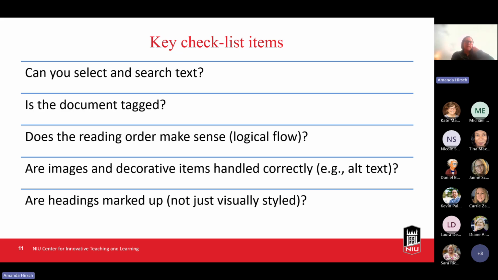So this slide just highlights a few quick checks that you can use to evaluate whether a PDF is likely to be accessible. The first question is, can you select and search text? If you try highlighting the text and nothing happens, or the whole page gets highlighted, that's usually a sign that the document is image only, which often happens when something's been scanned with a scanner that is not set up to OCR the document as it scans.